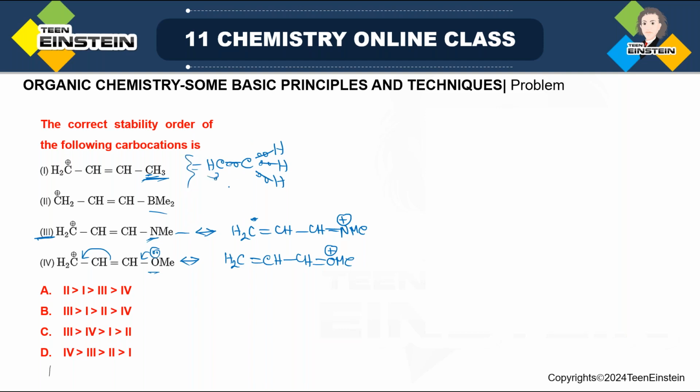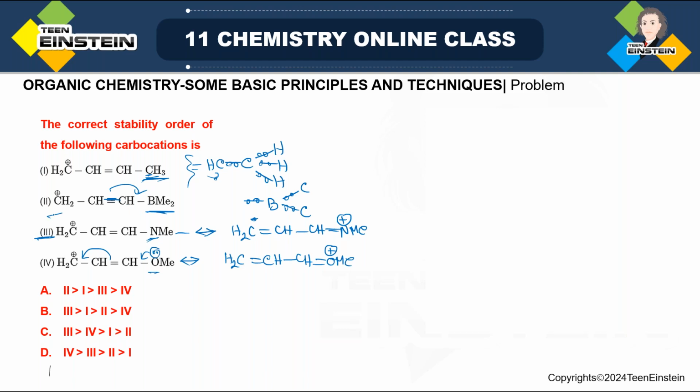So the octet is complete, but remember when it is boron, its octet is not complete. Here we have C, C, so the total number of electrons is only 6. That is the reason BMe2 is basically electron deficient. And as a result, there will be a chance that this double bond can also be shifted towards this side to stabilize it, to remove the electron deficiency of boron.